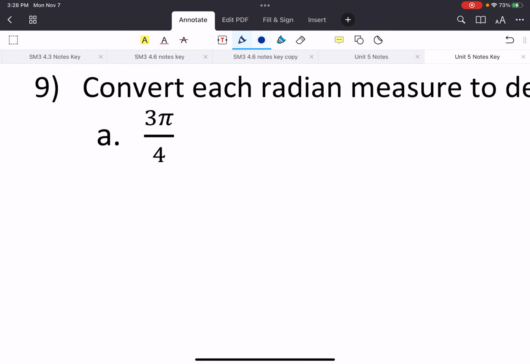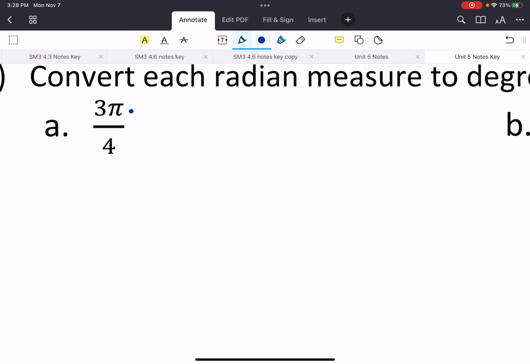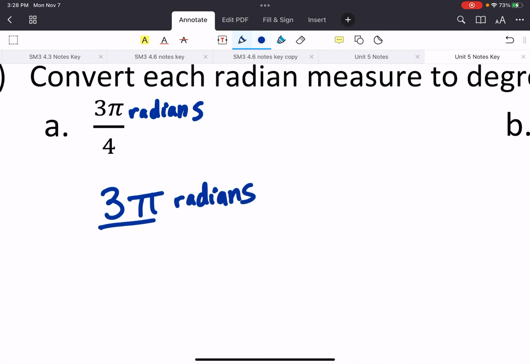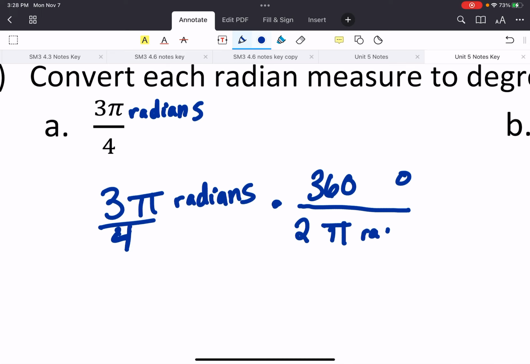So now we're going to go over how to go from radians to degrees. So 3 pi radians over 4, 3/4 pi radians times, we want to become degrees, so 360 over 2 pi radians.